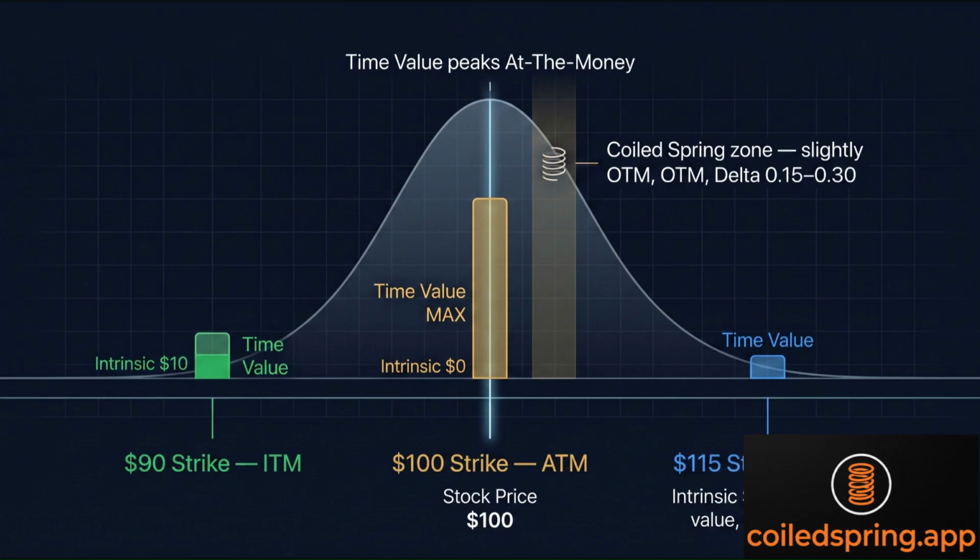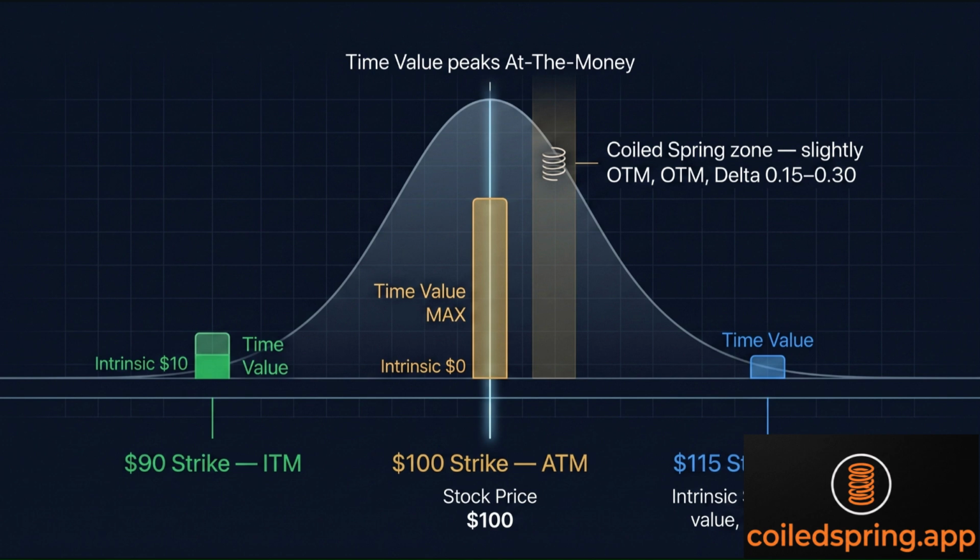But maximum time value is priced in. This is the most expensive option on a time value basis. Call with strike $115, OTM. Strike is $15 above the current price. Intrinsic value 0. Small total premium, mostly time value. But for that small premium, if the stock moves $15 or more, the payoff can be significant. That's the leverage of OTM options.